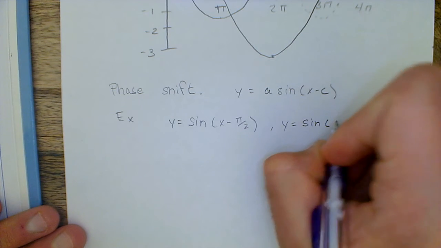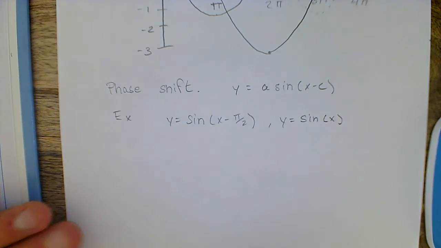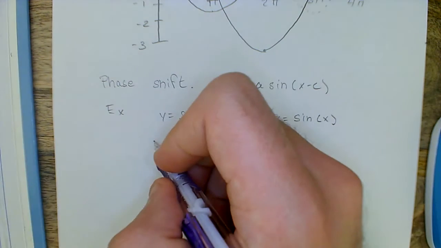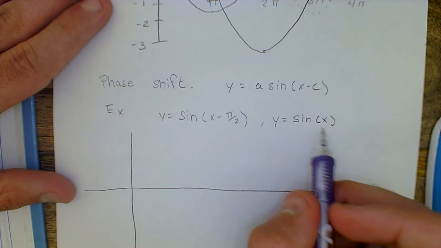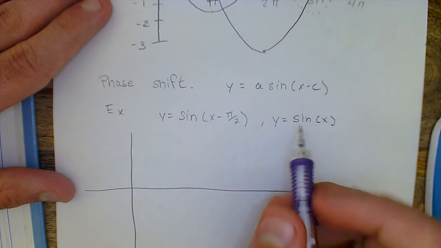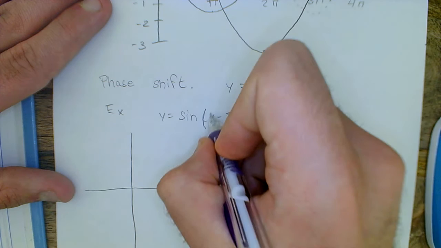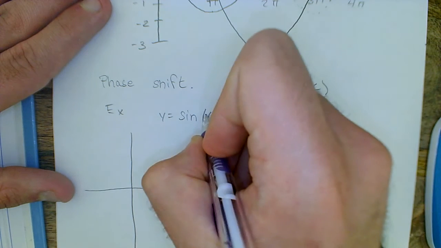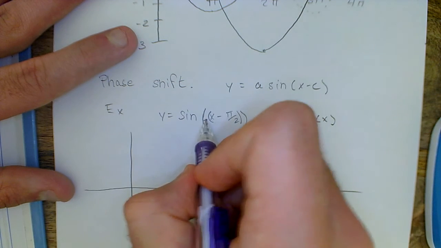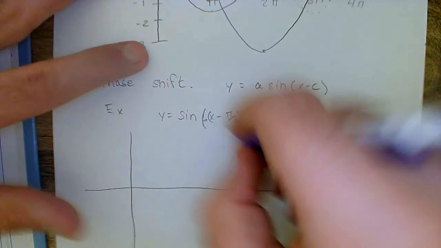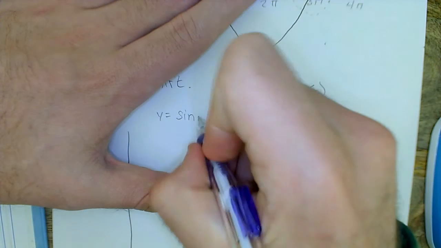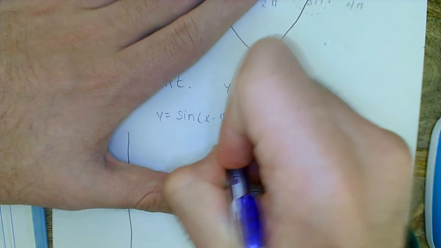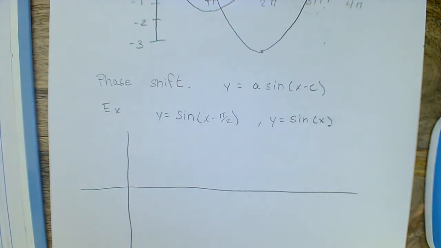Okay, and we're going to graph y equals sine of x, just to compare. And we're just going to do one cycle. So the period of both of these is just 2 pi. If you wanted to change the period on this, you would multiply a number right here, but let's just stick with this example for a second.